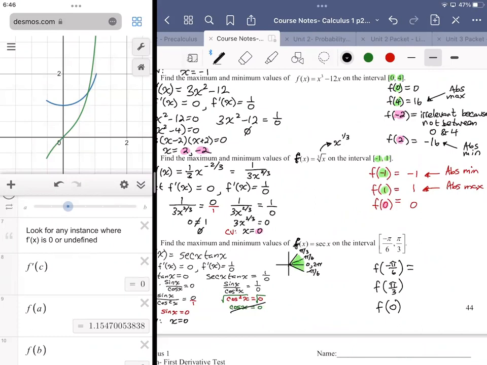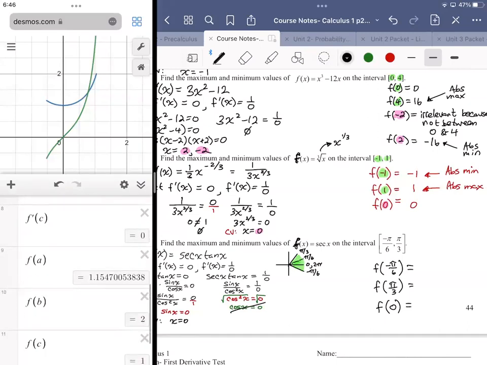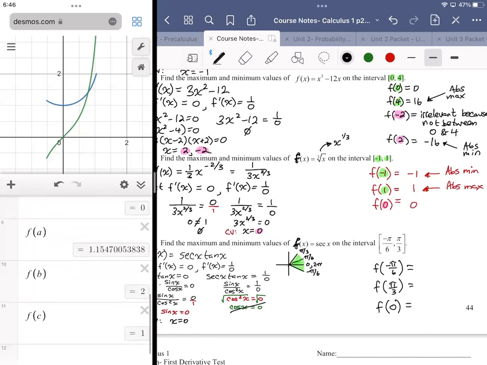So we could put the decimal values in. We can also analyze or evaluate the function to get more exact values. But as it turns out, that 1.154 isn't going to be relevant anyway. So it's kind of like, I don't want to say a waste of time, but there's time better spent elsewhere.